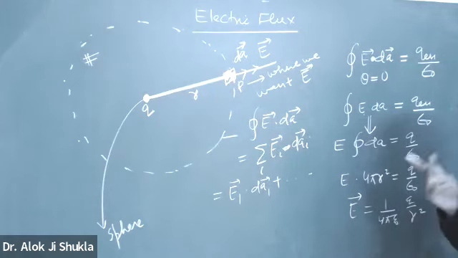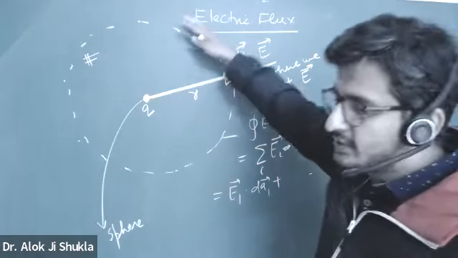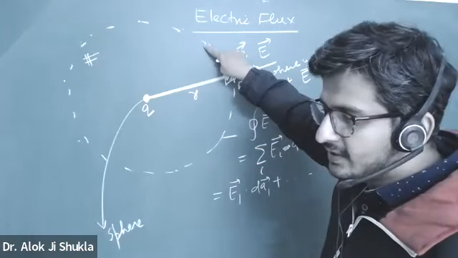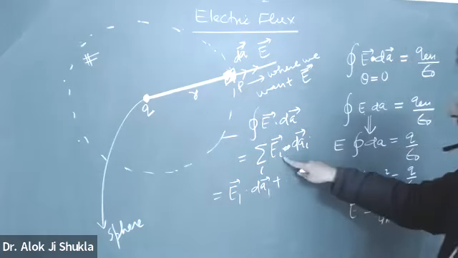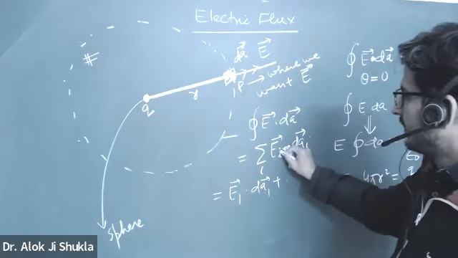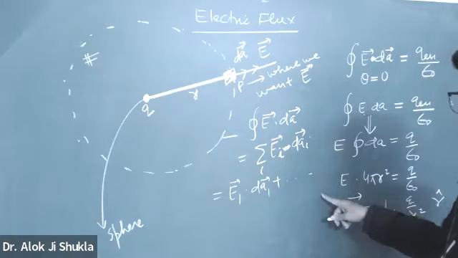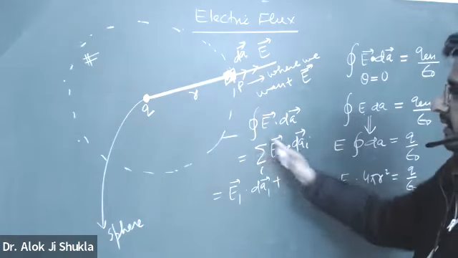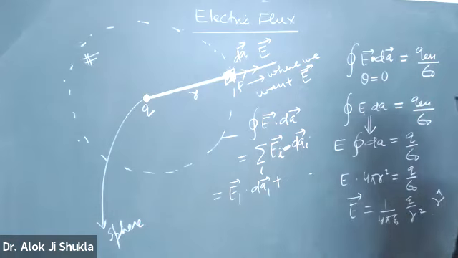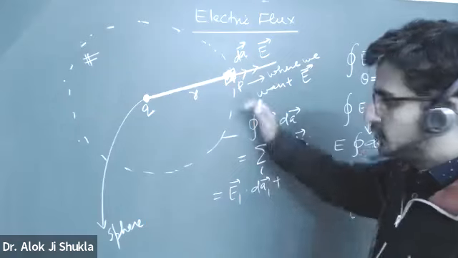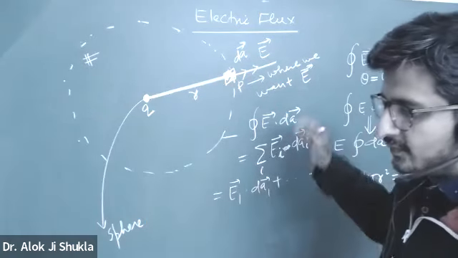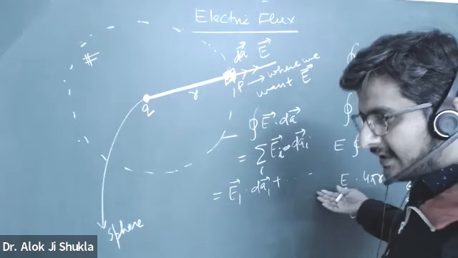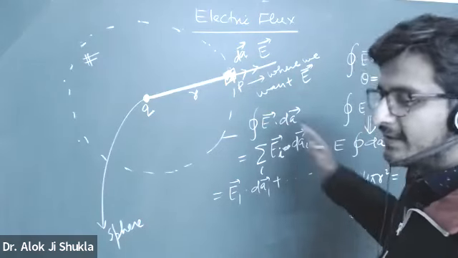At the same time, if the magnitude changes, suppose here it is E1 and here it becomes E2, I explained that if I take E_i here, the only thing is we can add it like this. It won't go out of the summation or out of the integral, and we will not be able to solve for the field value. Practically, we have to make small patches in small areas, then get all the fields and take the vector sum.